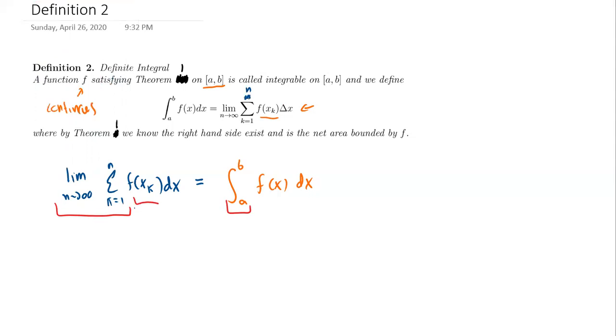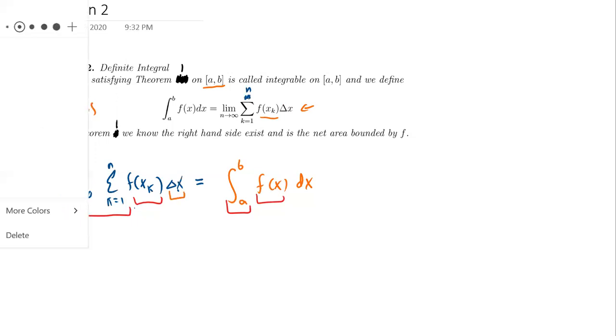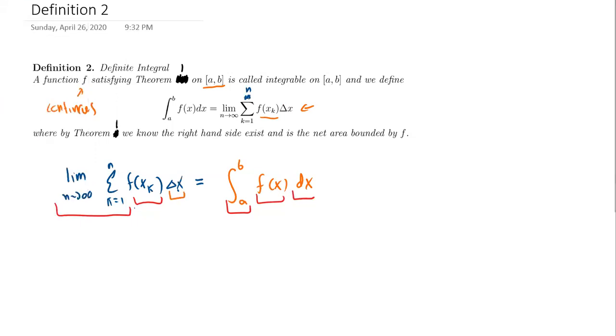Then of course the function value is there. And this was changing x here. And then this last part, the dx, that's just the length of each subinterval.